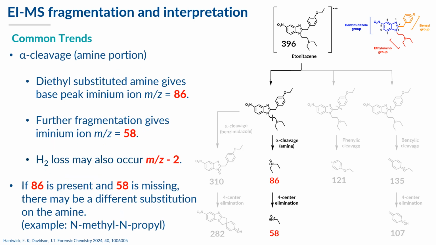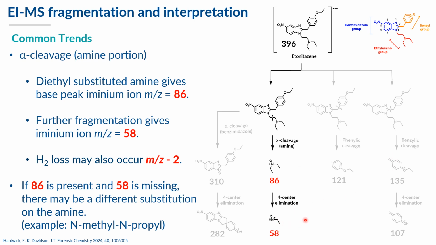The most common base peak in this class of compounds is that N,N-diethyl substituted iminium ion with an m/z of 86. This ion will then fragment further to the N-diethyl iminium ion through 4-center elimination to form m/z of 58. The tertiary iminium ion is more stable than the secondary counterparts, so that 4-center elimination ion will be less abundant.